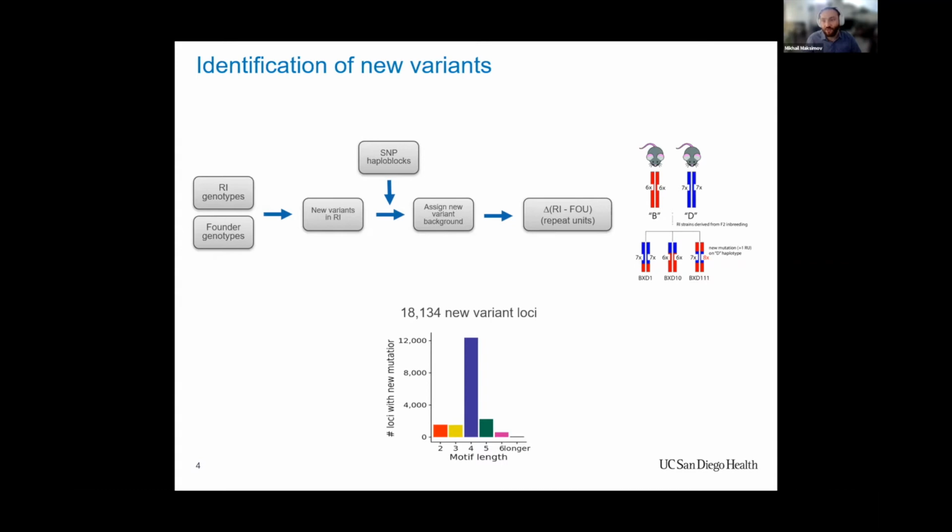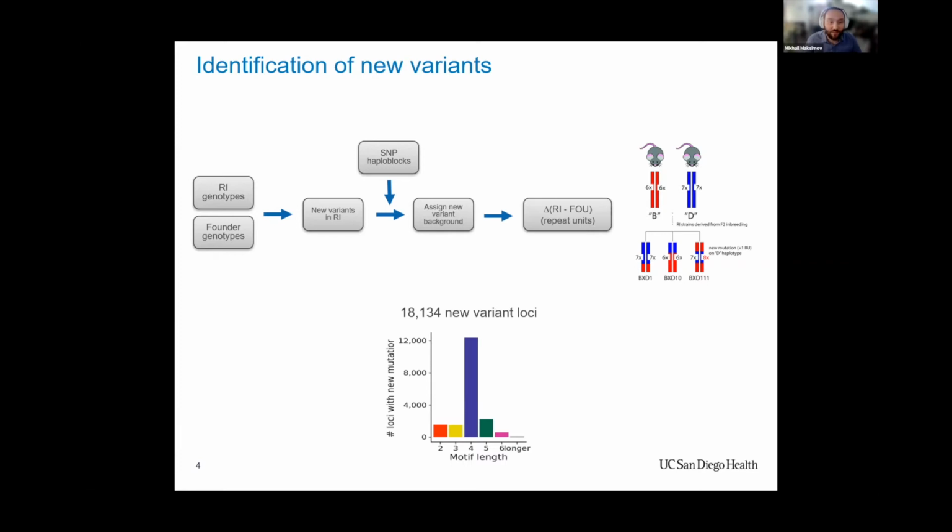Then we take those and overlay them on top of the B and D founder haploblocks that we get from SNPs, and assign the founder of origin from which this new variant arose. And what that allows us to do is to calculate the magnitude and the direction of change in the repeat length relative to the expected founder.